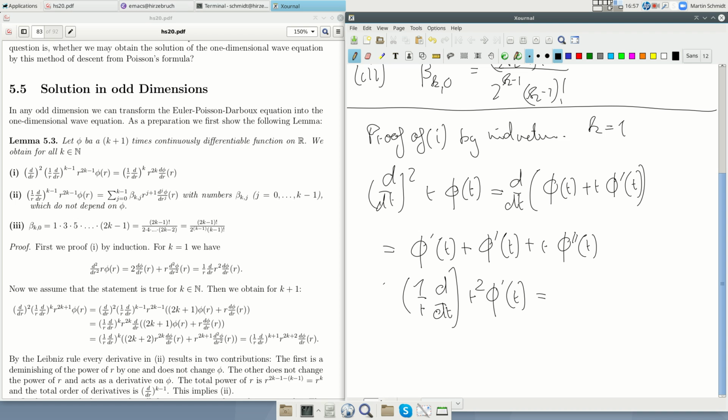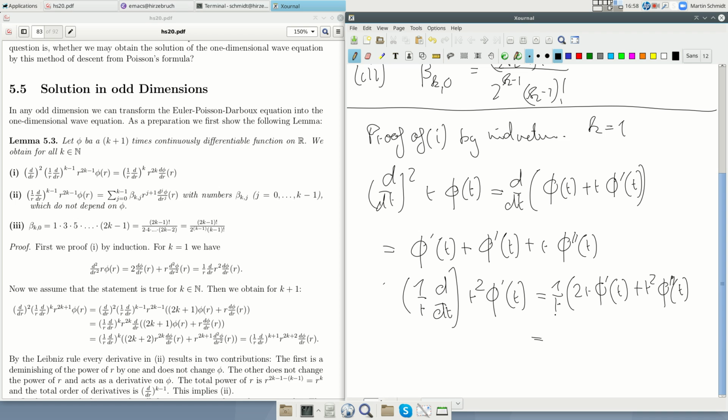So if we do the calculation by the Leibniz rule, we get 1 over r, and we have 2r phi prime of r, and the other term is r squared phi double prime of r.